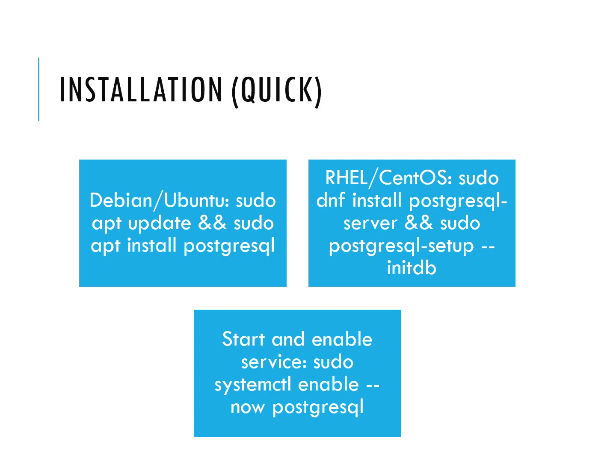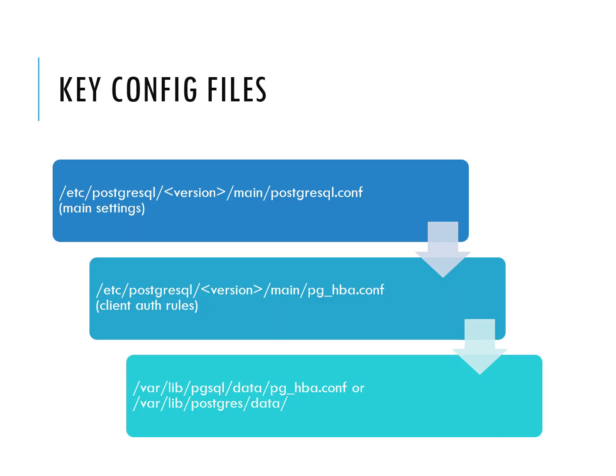After the installation of PostgreSQL, you would want to enable the service with sudo systemctl enable. Note that the package name and default data directories can differ by version or distro, so always check documentation for your target version.